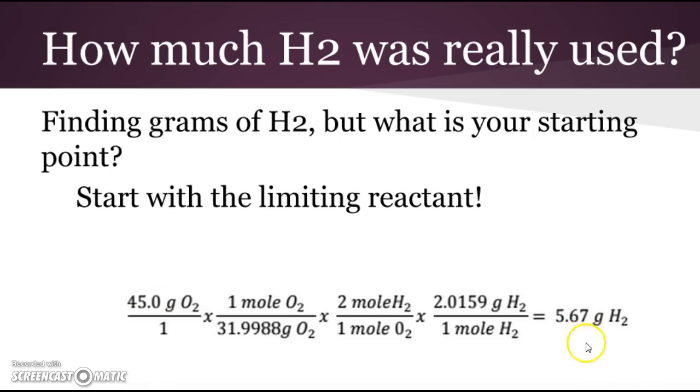And then I'm going to work my way until I get to grams of hydrogen. So we're going to just use our unit analysis methods and go from the limiting reactant to how much hydrogen we actually used. And when I do the math this time, I come up with 5.67 grams of hydrogen reacts with 45 grams of oxygen. So anything over 5.67 grams for this experiment is in excess.